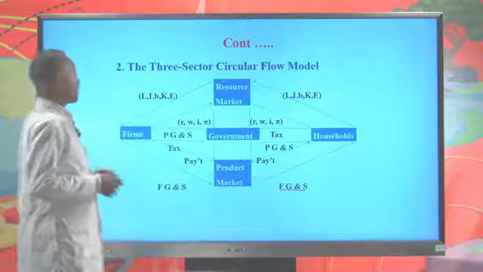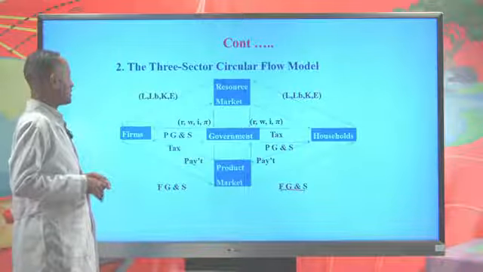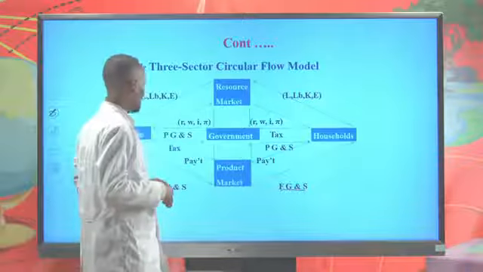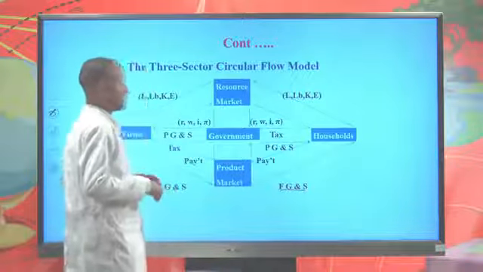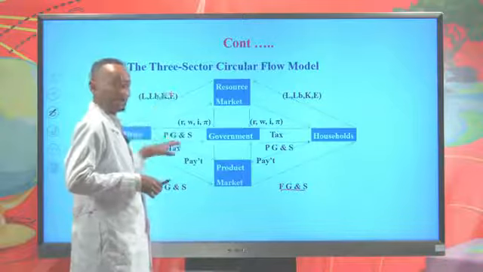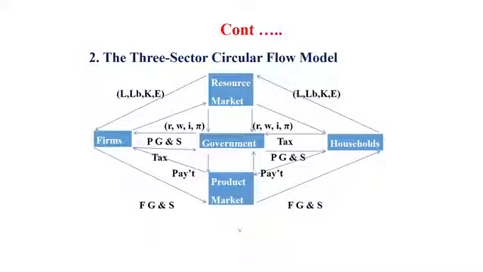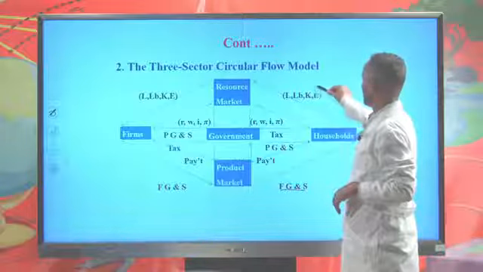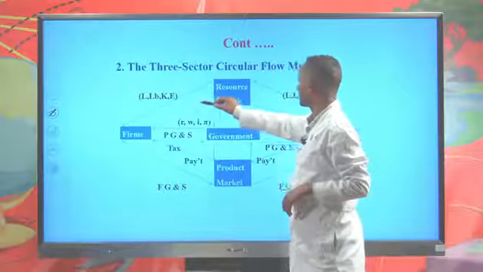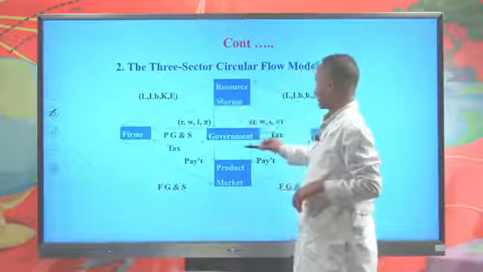Under the three-sector circular flow model, households, firms, and government interact in the product and resource markets. That means the flow of the two-sector circular flow model remains unchanged. Households are suppliers of economic resources in the resource markets, and firms are demanders of economic resources in the resource market.